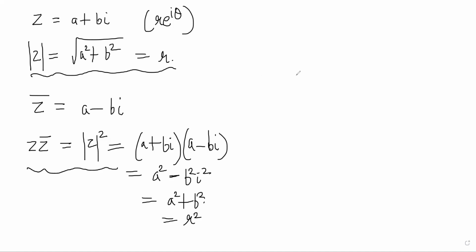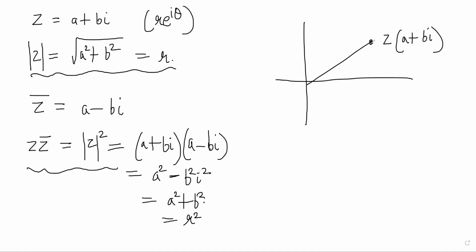The conjugate of a complex number is defined as the reflection in the x-axis. If this is my Z, the conjugate will be here, Z conjugate, which is A minus Bi. Now some basic properties of conjugates. If you have Z1 plus or minus Z2, the whole conjugate is equal to Z1 conjugate plus or minus Z2 conjugate.